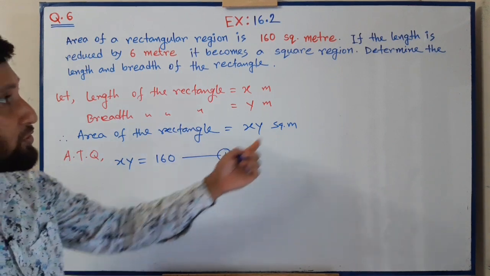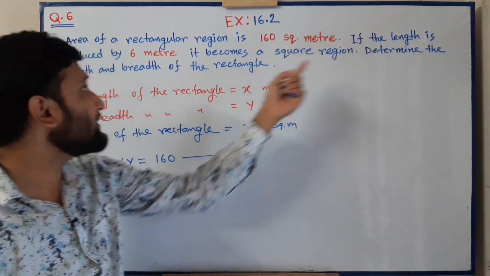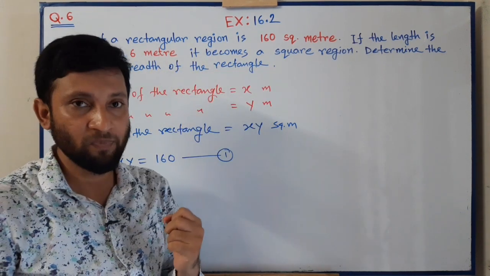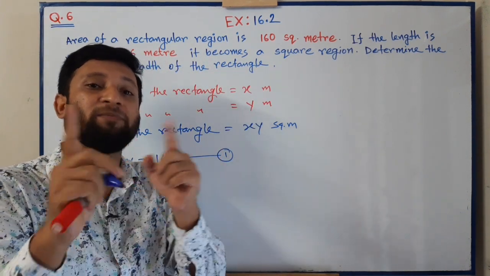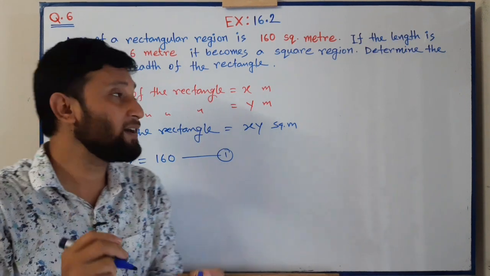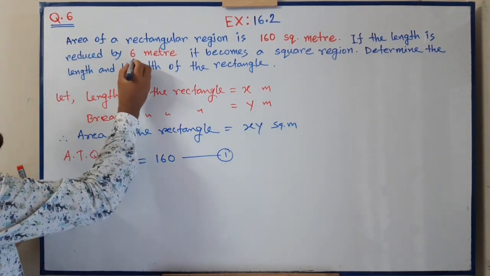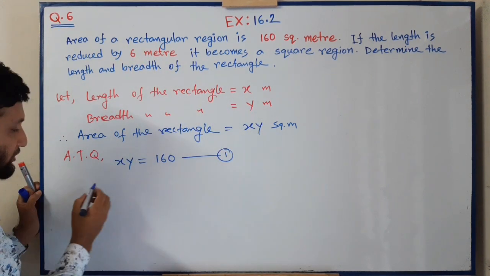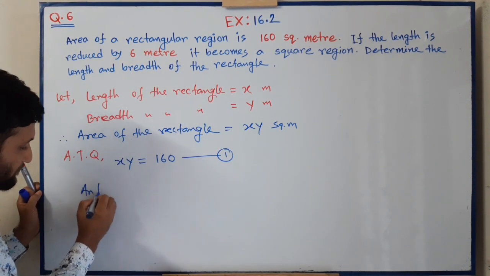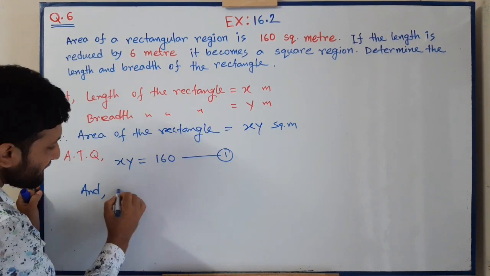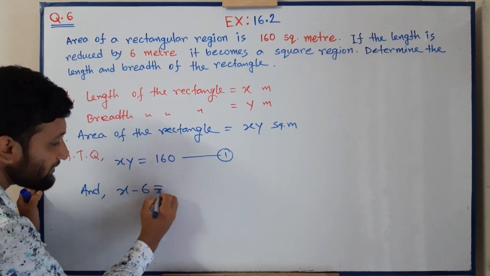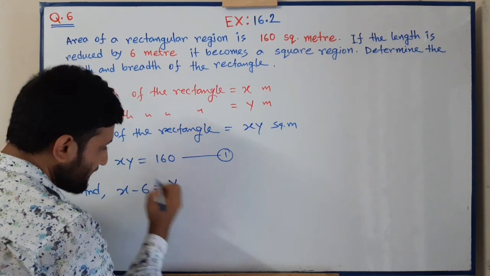And in the second portion see that if the length is reduced by 6 meter, it becomes a square. In a square we know length and breadth are equal. So if length is reduced by 6 meter, that means x minus 6, it must be equal to y, its breadth.